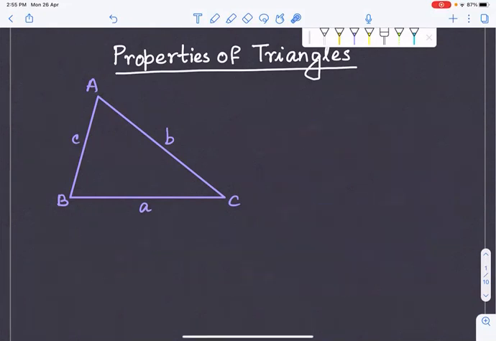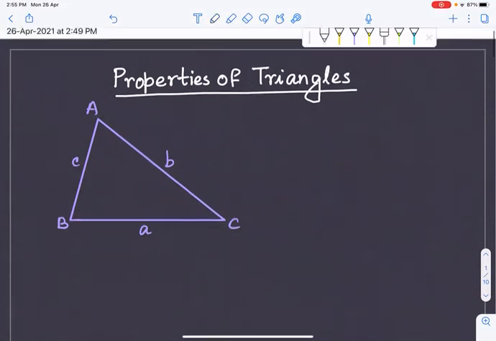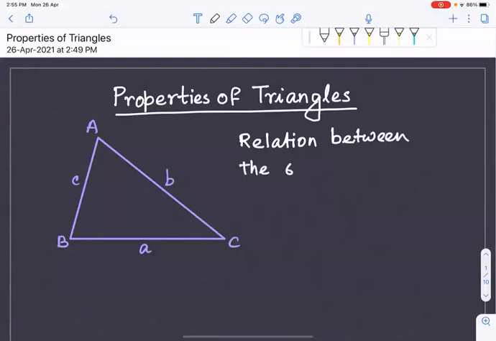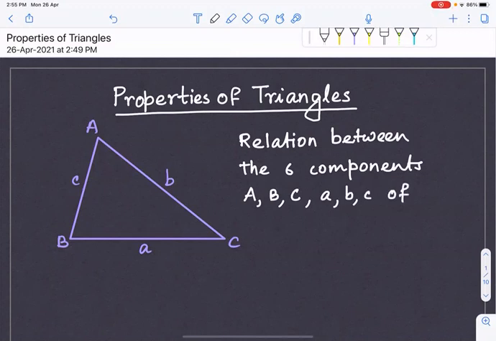So basically in this chapter what we are going to learn is the relation between the six components, capital A, B, C and small a, b, c of any triangle.